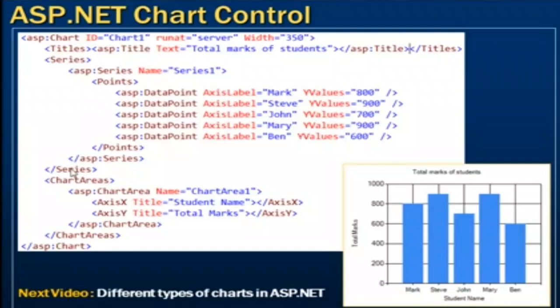In the ChartArea we have the AxisX tag and the AxisY tag. In the AxisX tag we set the Title attribute, so that the value will be displayed on the y-axis as well as the x-axis. So ChartArea is basically used to display the titles. Even if you want to set the width and height, you can do that. And Series we use to give the points and their respective values which you want. So the same program we are going to perform further. So let's start.